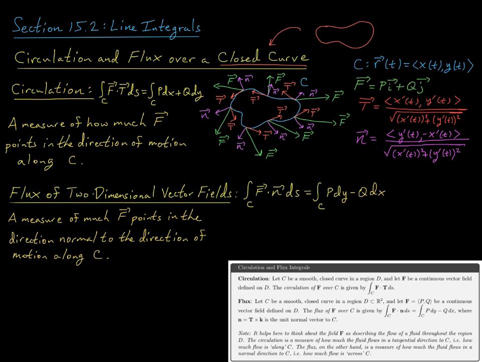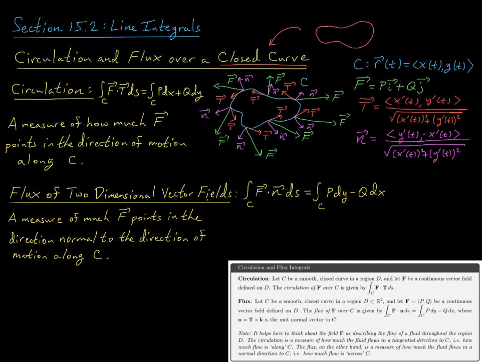Now here we're going to discuss flux just for two-dimensional vector fields. This definition for circulation above is valid for both two and three-dimensional vector fields. The flux for a three-dimensional vector field is not something we'll see until we look at surface integrals later in the chapter.